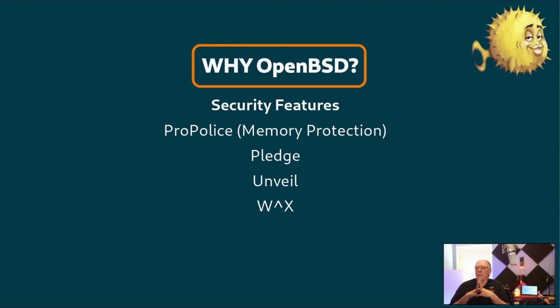Remember I've talked about this before, that we needed something that would allow us to mark memory as being writable or as containing executable code, but not both. I can make it writable but not executable. I can make it executable but not writable. That is one of the features of OpenBSD.